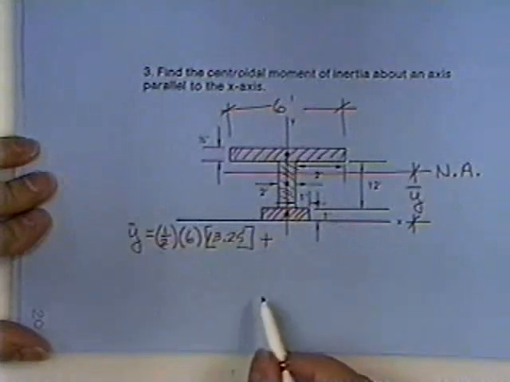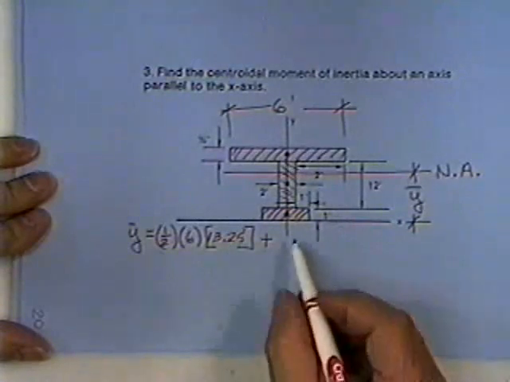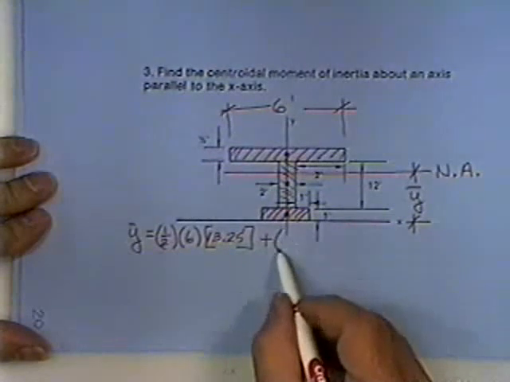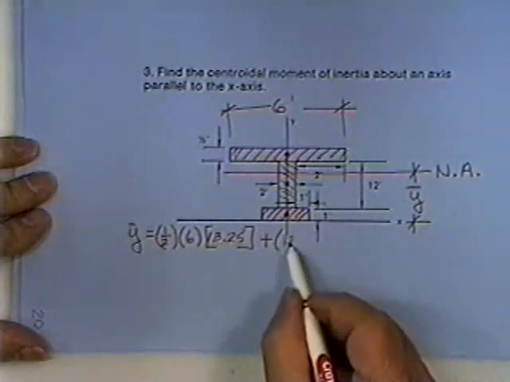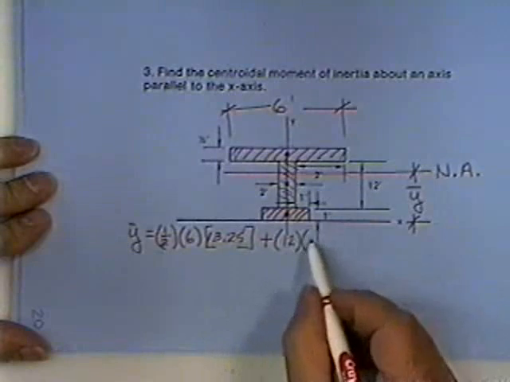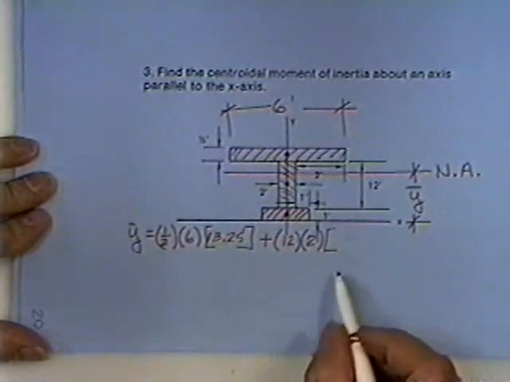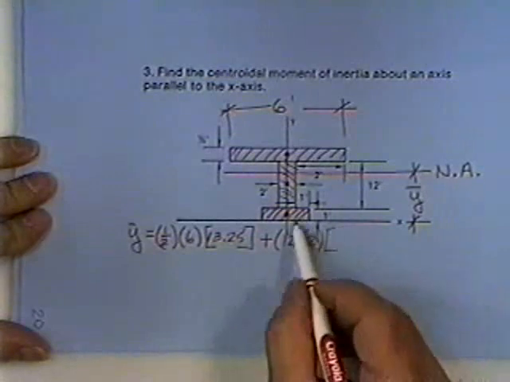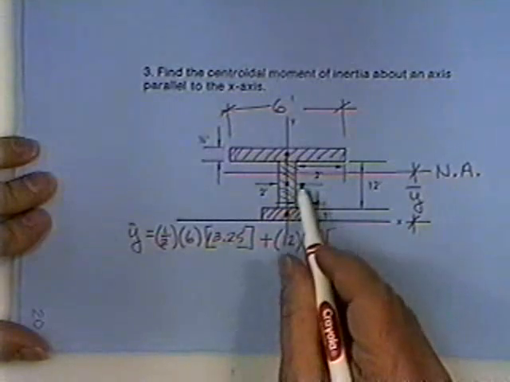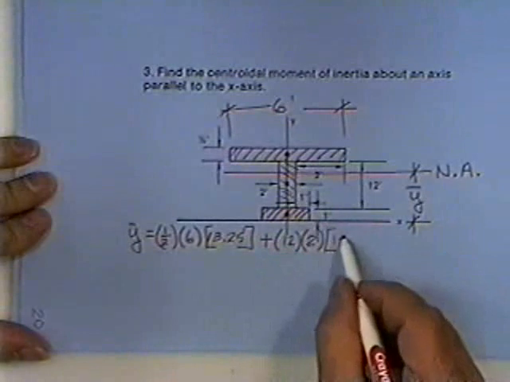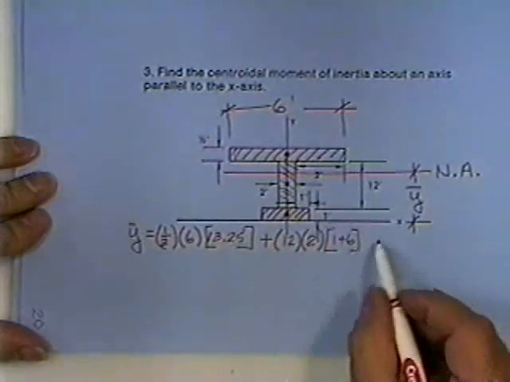Plus, now I work with the second area. The second area is of magnitude 12 feet tall, 2 feet thick, and its centroid is 1 plus 1/2 of 12, 1 plus 6.